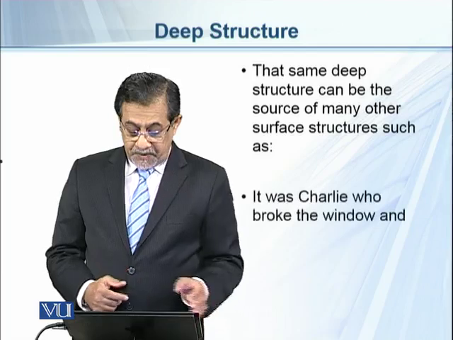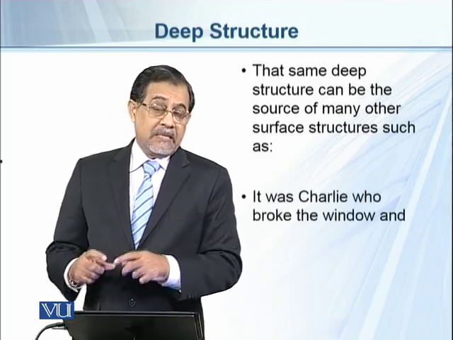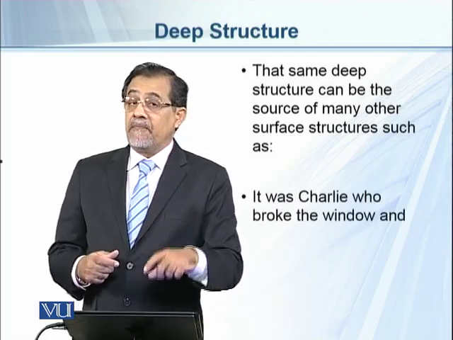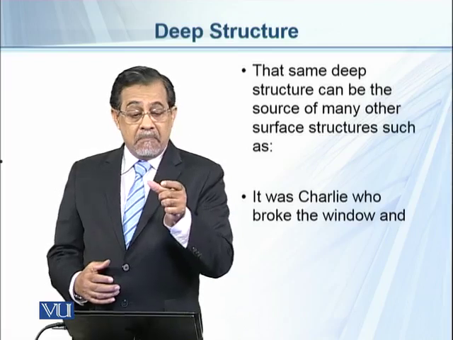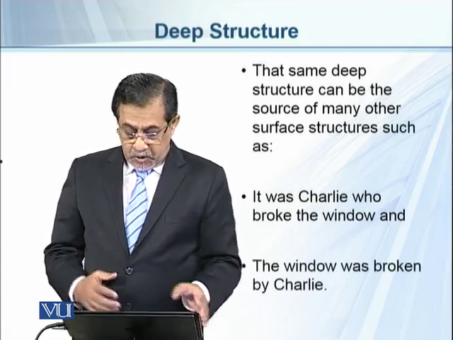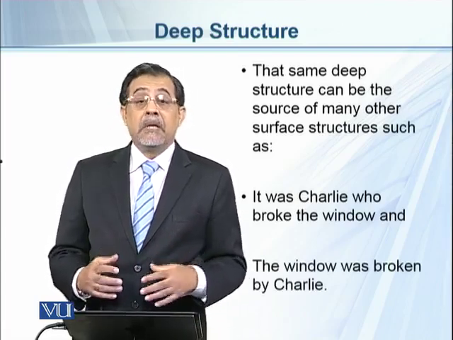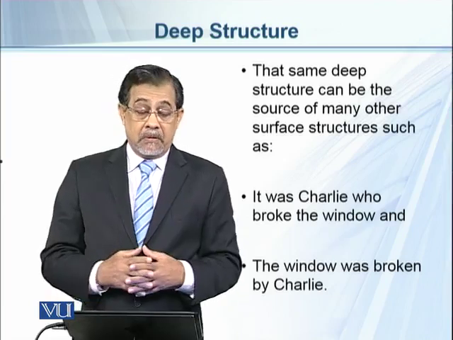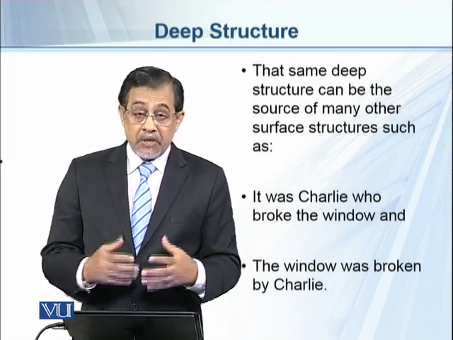For example, it was Charlie who broke the window. This sentence has the same phrases but a little bit of addition, but the basic structure is the same. So the passive structure, the window was broken by Charlie, is possible. And there are many more structures at the surface level which are possible.